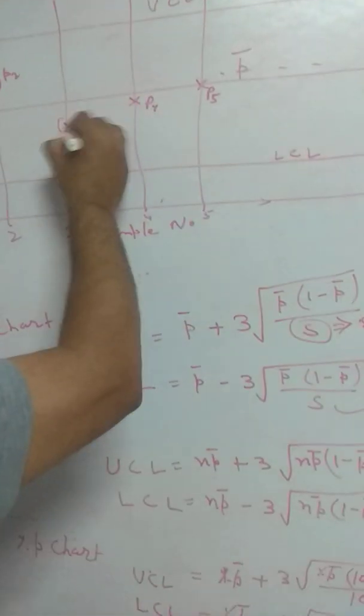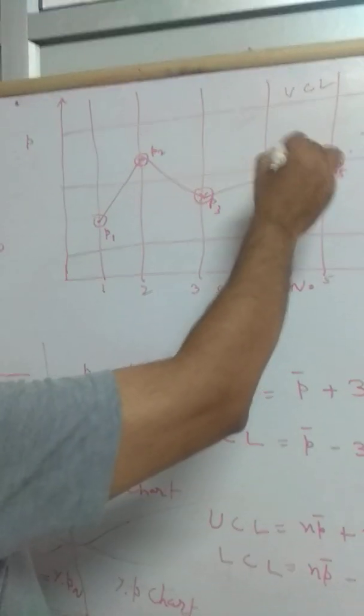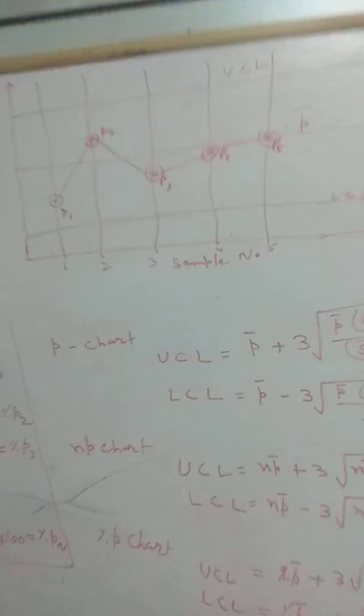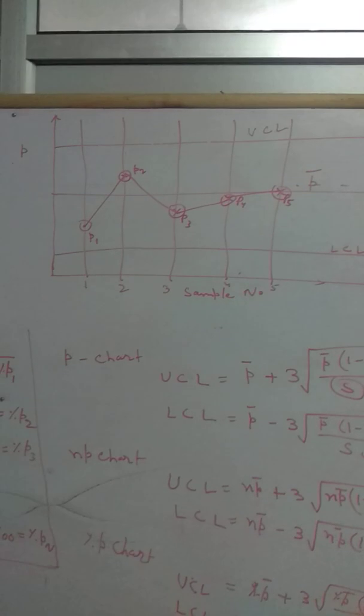Likewise, we have 5 data points. Then we will join these data points, and we will have a control chart for P. Okay.